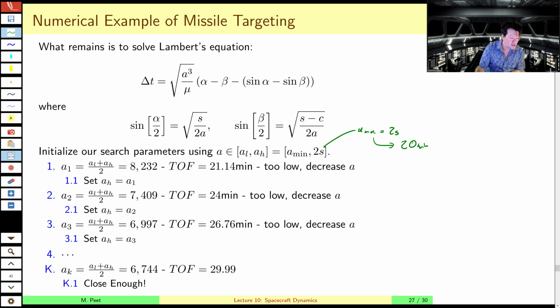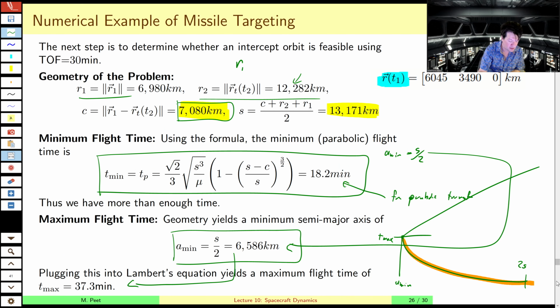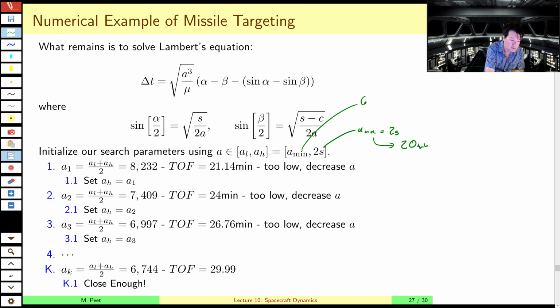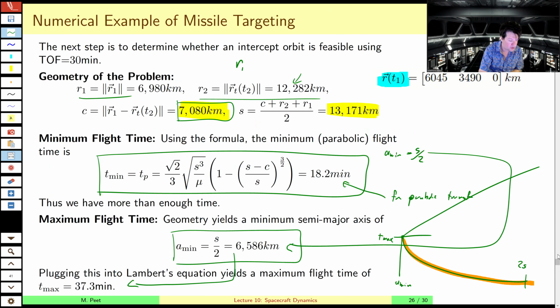So now I just start my bisectioning. I've got my A max and A min. The A min is 6,586. And our S, what parameter did we get for S?